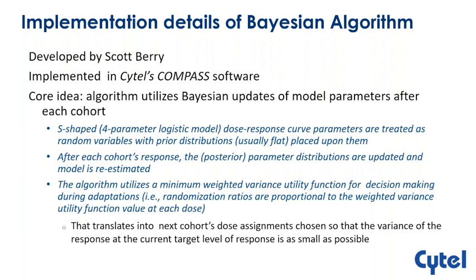After each cohort's response, the posterior distribution of the parameters are updated and the models re-estimated. The algorithm uses a minimum weighted variance utility function that I'll show you later for decision-making during the adaptations, namely the randomization ratios are proportional to the weighted variance function at each dose. And they're chosen by the function that minimizes the weighted variance.